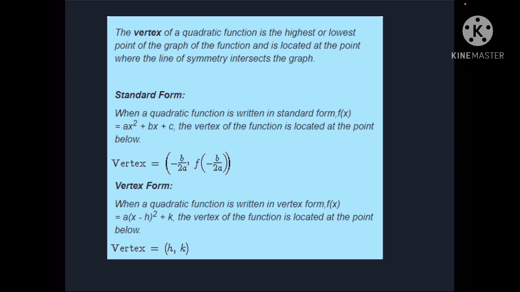Negative 4 over 2a, which is 2 times 2, it will be 4. Negative 4 over 4 equals negative 1. Then the x point of the vertex will be negative 1. Then the function of negative b over 2a means I will substitute x in the equation by negative 1. So it will be 2 multiplied by negative 1 to the power of 2 plus 4 multiplied by negative 1 plus 9.